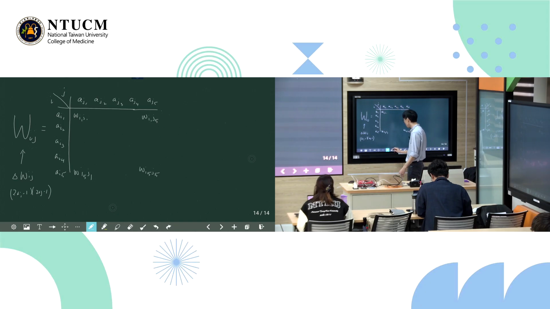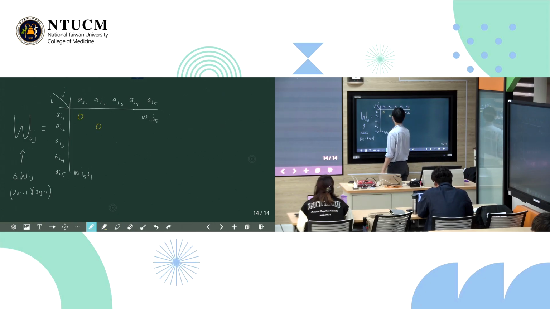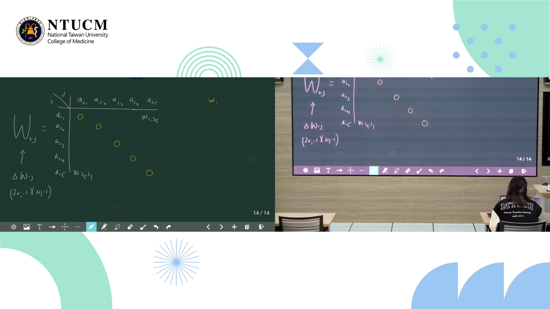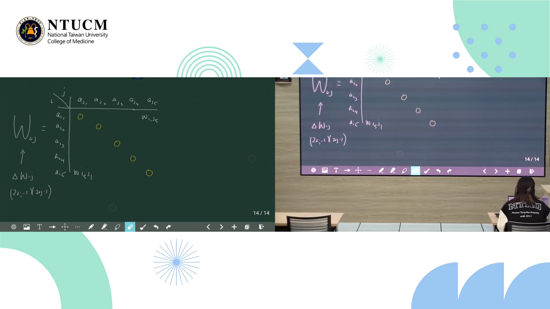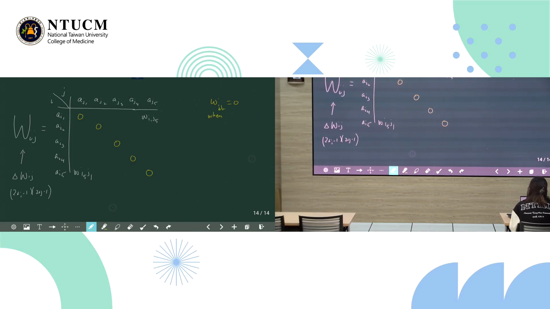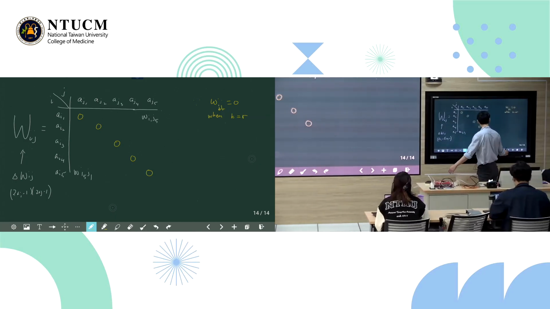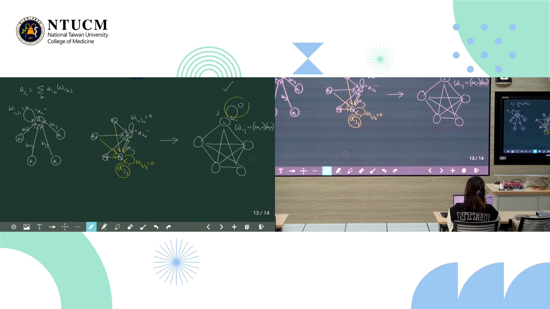But the key thing to appreciate is that the diagonal is 0, 0, 0, 0, 0, because when k equals r, the weight between them is 0, which is this one here.